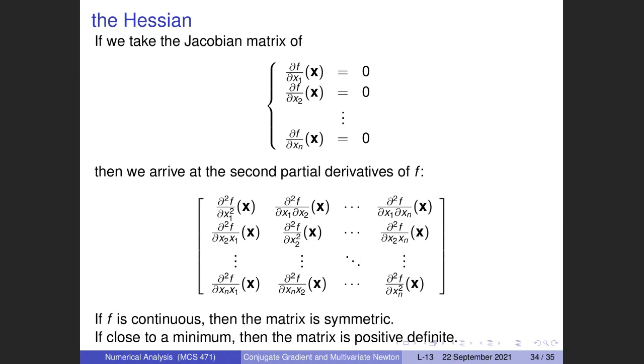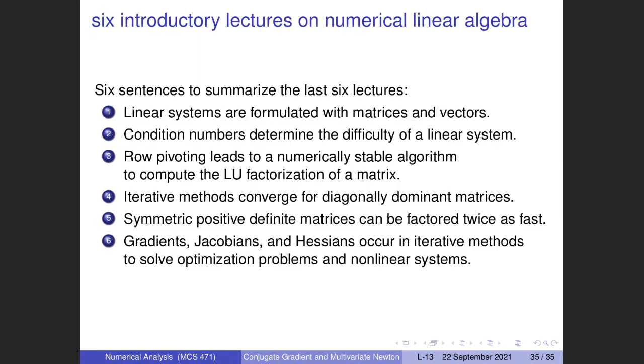If you take the matrix of second partial derivatives, in a way you take the Jacobian of this, then you see that we have a symmetric matrix if the function is continuous. And if you are close to a minimum, so your function doesn't need to be entirely special, then your matrix will be positive definite.